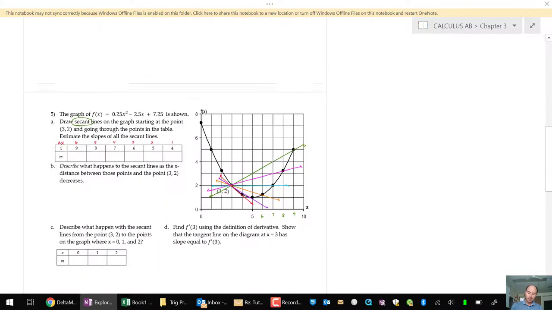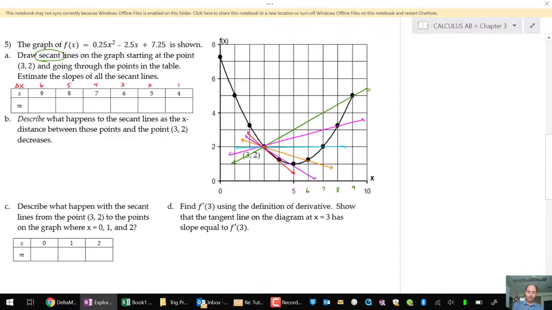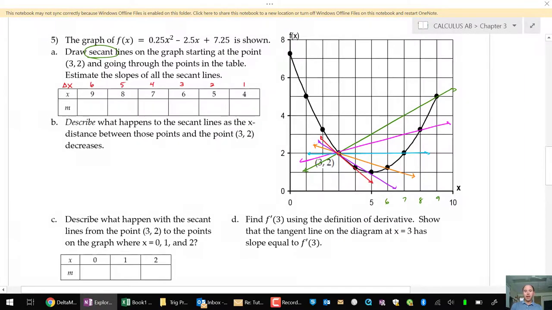Now, a side note. Here's a great activity that you can explore online or watch a video of, but it's this idea of observing secant lines through a function, but fixing one of the points. So in this case, my fixed point on this example is (3, 2). And I just drew a rainbow collection of secant lines.